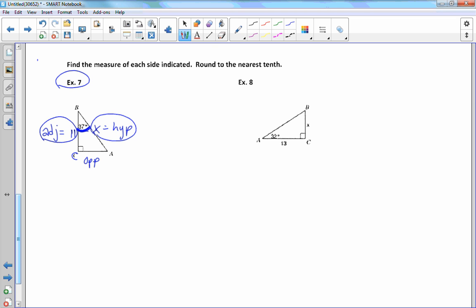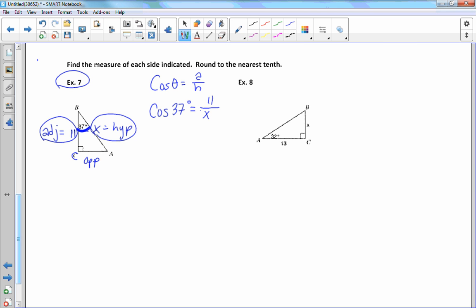SOHCAHTOA. Cosine, yeah. Cosine theta is A over H. So our theta, we have amount of degrees. So we're going to replace theta with 37 degrees. Adjacent is 11, and we're looking for that hypotenuse, H, which we can put as x.